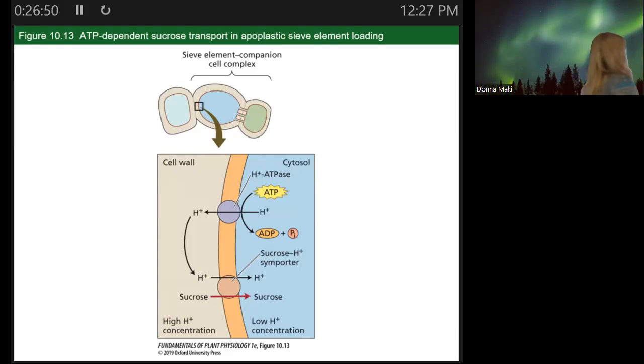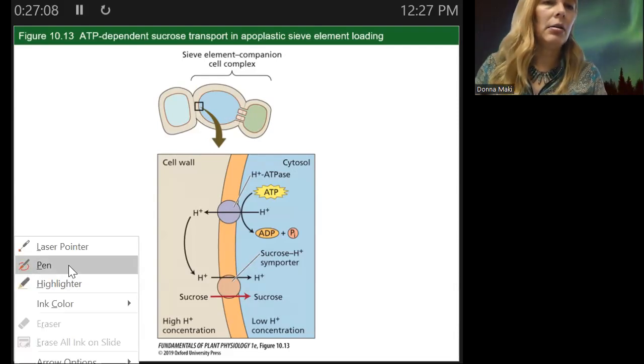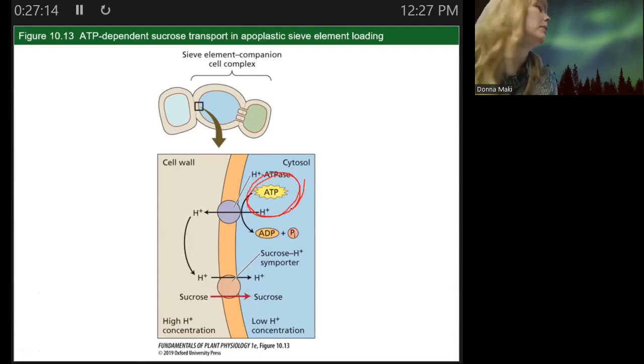So here they're showing if you have an apoplastic movement of sugar, you have to get this scenario set up where active transport means you're expending ATP. So primary active transport is being shown here by the expenditure of ATP.